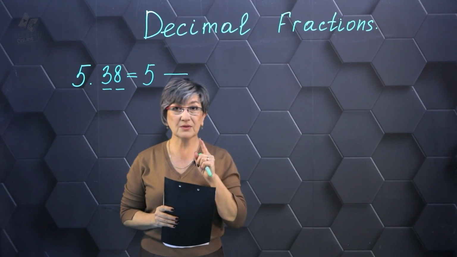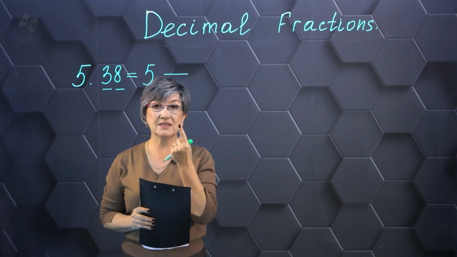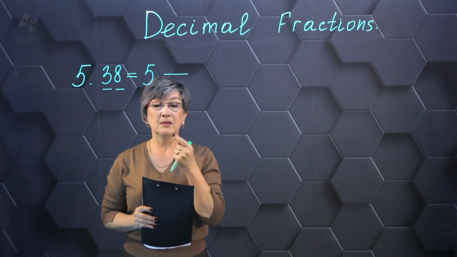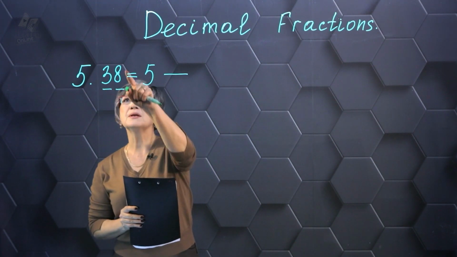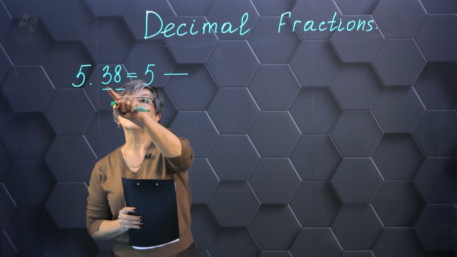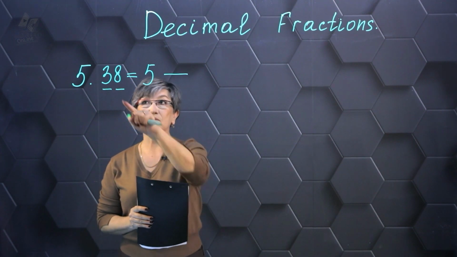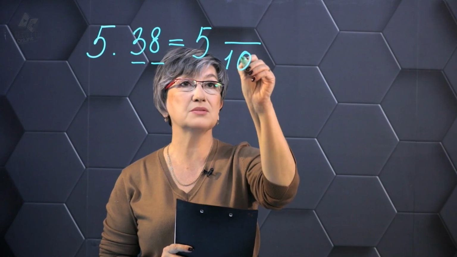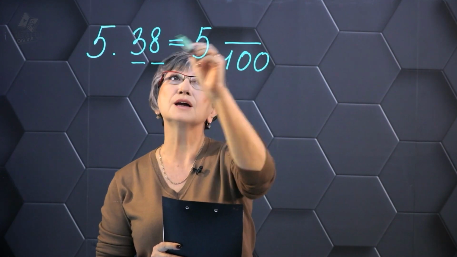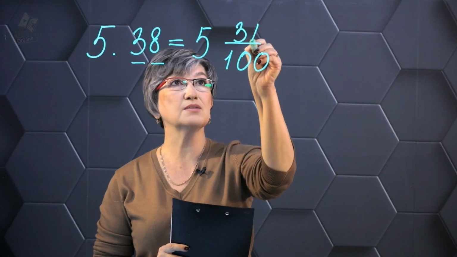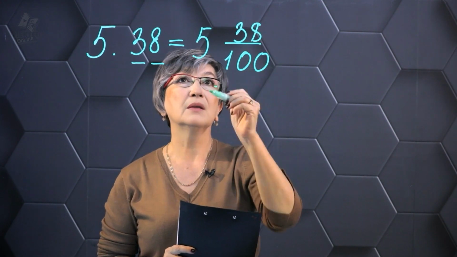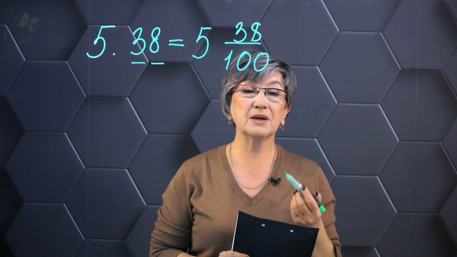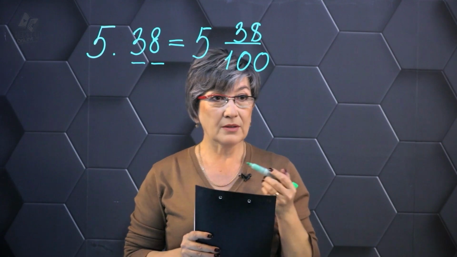That is, those numbers that are made up of ones and zeros. The number of zeros determines the number of decimal places. That is, if we have 2 decimal places, then I will write 2 zeros in the denominator. And I'll write the number 38 in the numerator. And as a result, we have 5 and 38/100.